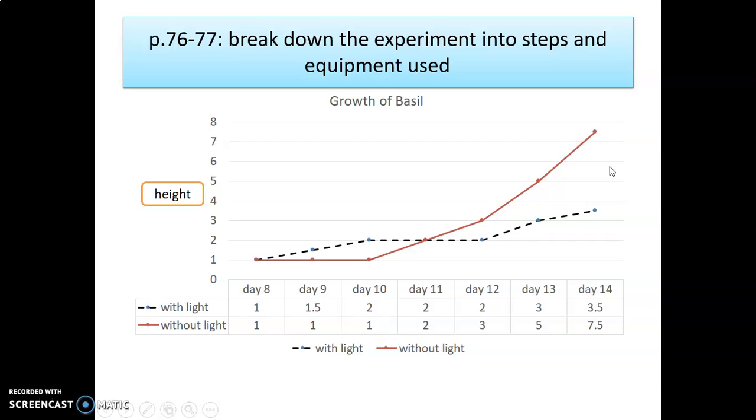Well, all right, I'll tell you. Of course, they needed basil seeds, right? To plant it, right? They needed 2 pots. Why 2 pots? Because one pot was put under the sun or under the UV lamp, and the other one was put in a dark place. See? So with light, without light. Soil to plant seeds, right?